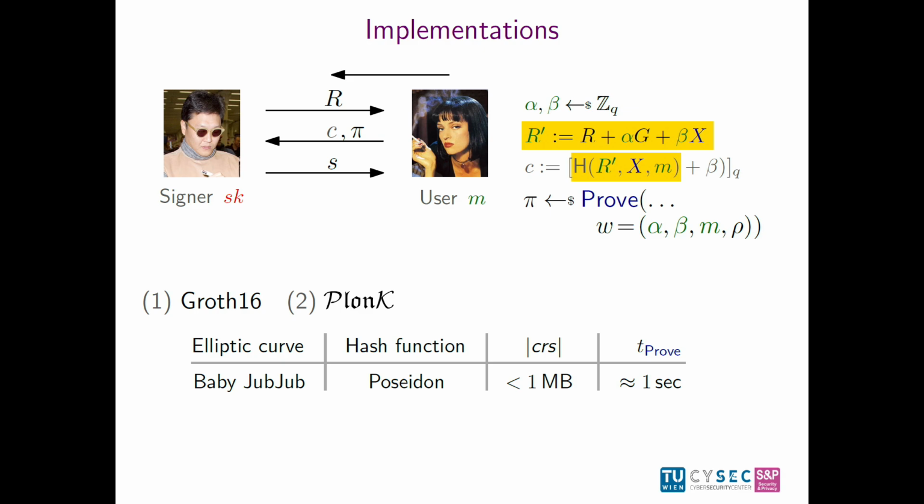Because we said that our goal was to have a blind signing protocol for schemes that are already deployed and they use Schnorr signatures. So that's why we looked at the second scenario, the Bitcoin scenario, where the elliptic curve is secp256k1 and the hash function is SHA-2.